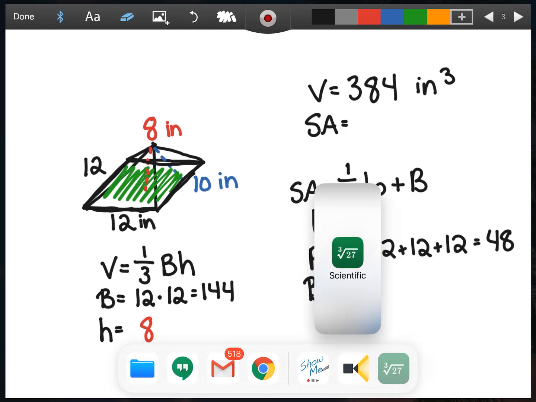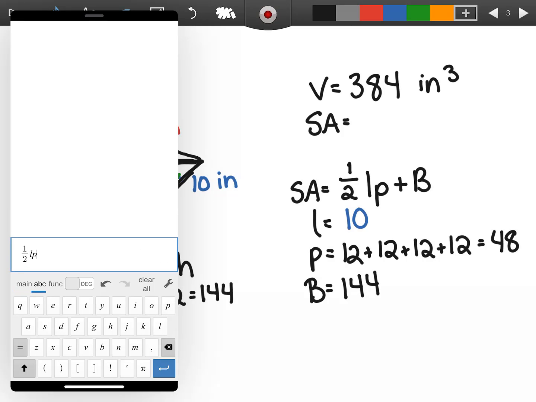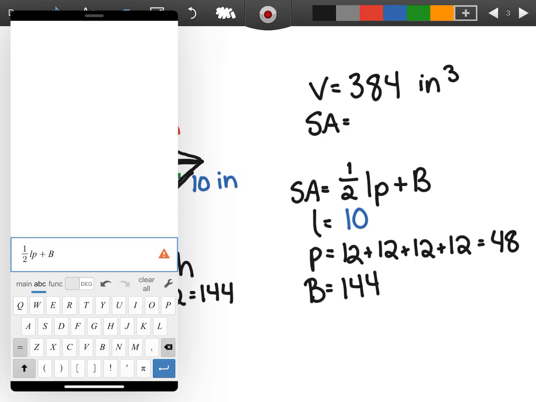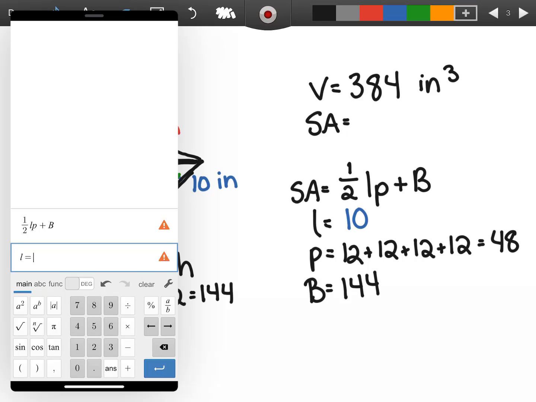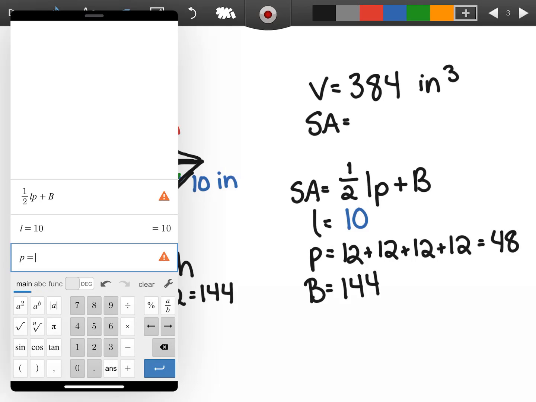Just as before, we can use Desmos to make this process a lot simpler. First, we type in our formula, 1/2 times LP plus capital B, and hit enter. L is equal to 10. P is equal to 48.